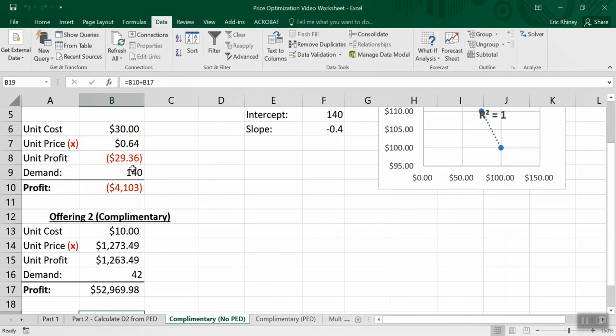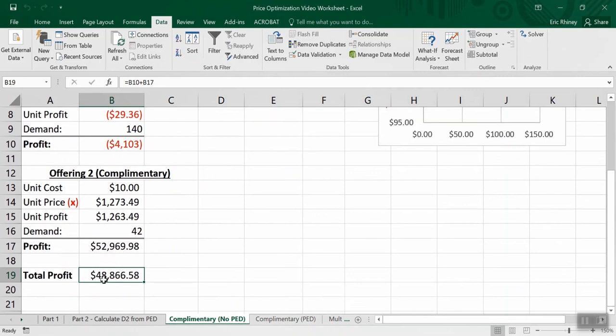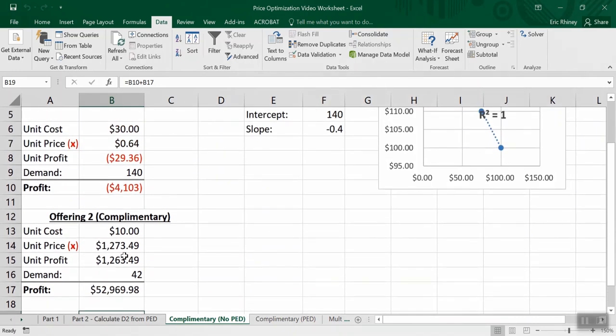And if we get 30% of this 140, that's 42 people, and we see a whopping almost $53,000 in profit from that, resulting in over $48,000. So it's 52, almost 53,000 minus this 4,000 gives us this $48,867.